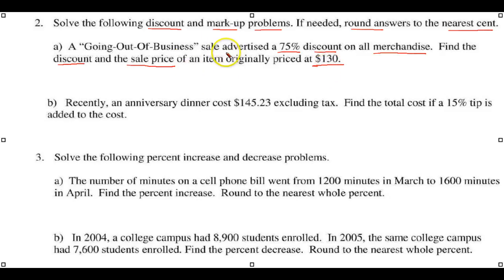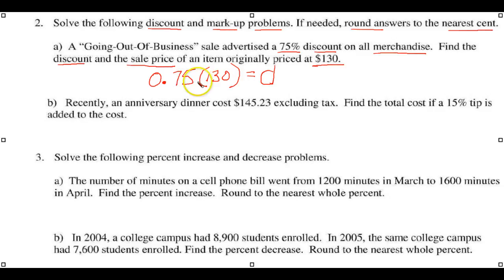So some of these you can do by arithmetic, but if we wanted to do it algebraically, we could say 75% of the original price gives you the, actually the letter D would be better. This is the discount.